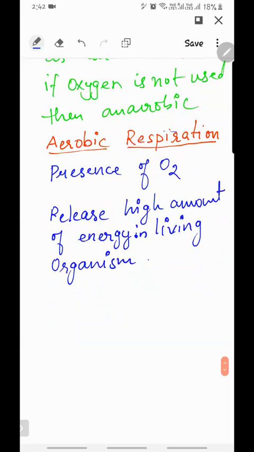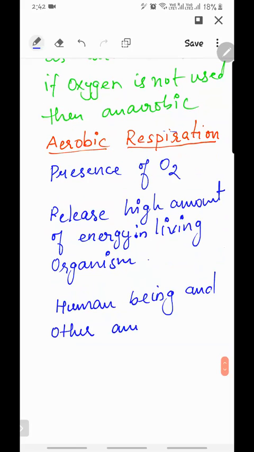Human beings and many other animals undergo aerobic respiration.